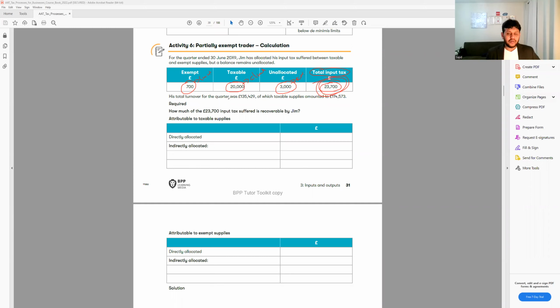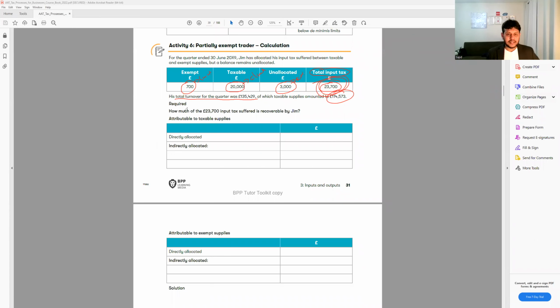Here the total turnover for the quarter is 135,429. That's the total sales for the whole quarter, of which taxable supply is 114,573. So we have this information.